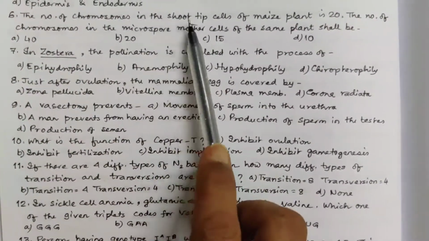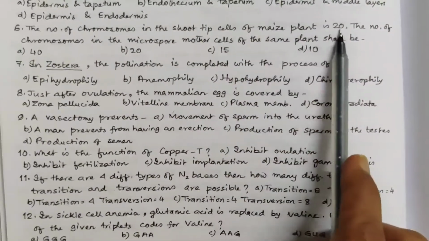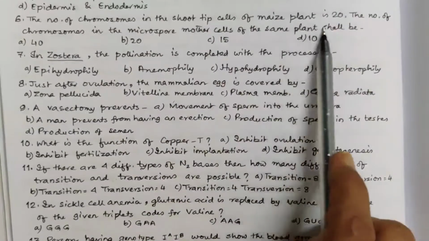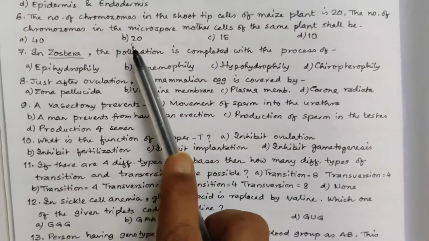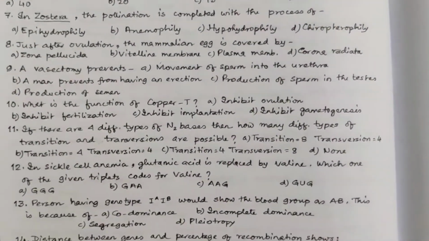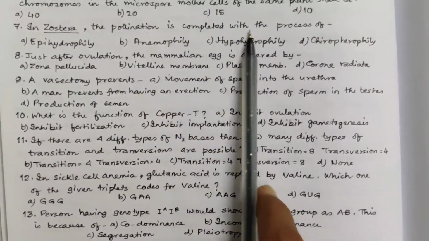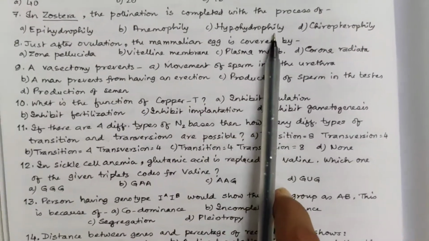The number of chromosomes in the shoot tip cells of maize plant is 20. The number of chromosomes in the microspore mother cells of the same plant shall be, this is also the same similar pattern, this is 20. In Zostera, the pollination is completed with the process of hypohydrophily.